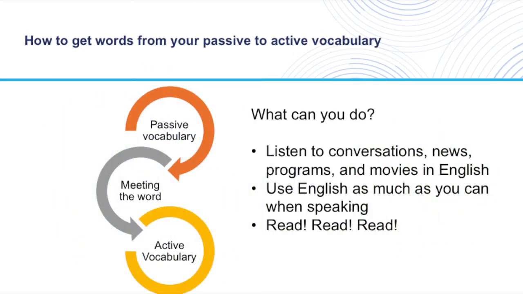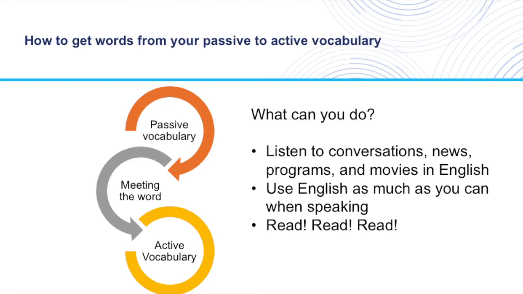So, how do you get a word from your passive to your active vocabulary? Well, you move your passive vocabulary into your active vocabulary by getting more and more experience with the words. How can you do this? Listen to as many things as you can in English.